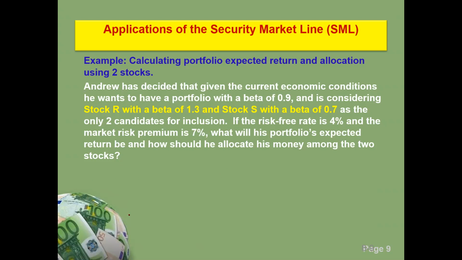Andrew has to decide that, given the current economic conditions, he wants a portfolio of beta 0.9. So his target is to keep a portfolio which has a 0.9 beta, near to 1. He is considering two stocks: R, with beta 1.3, and S, with beta 0.7.